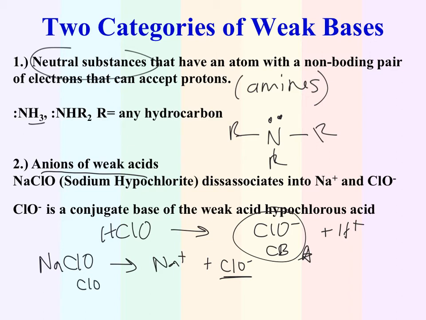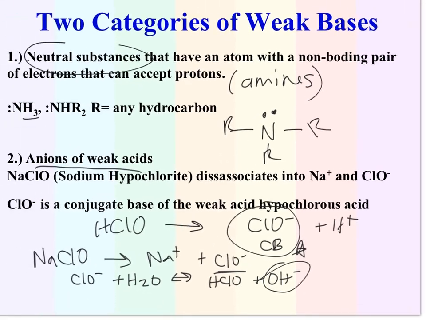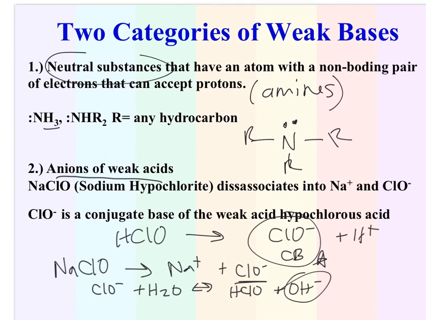So what's actually going to happen is the anion is going to interact with water to produce the following. As you can see, we actually have hydroxide ions in solution, which subsequently would increase the pH of any solution that contains the sodium hypochlorite salt.